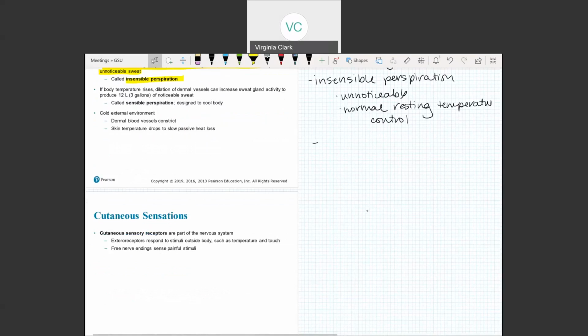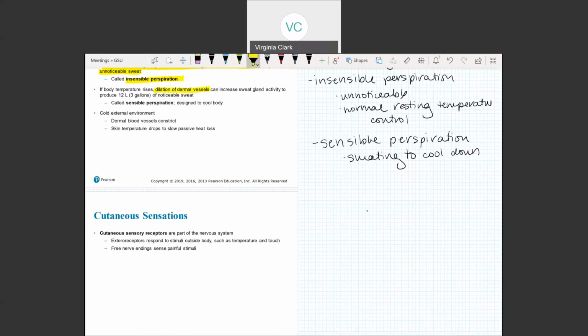But what you also have is something called sensible perspiration. Sensible perspiration is actual sweating to cool down. So this is when you actually go to the gym, go for a run, and you are activating lots of parts of your body. You're going to have dilation of your dermal vessels.